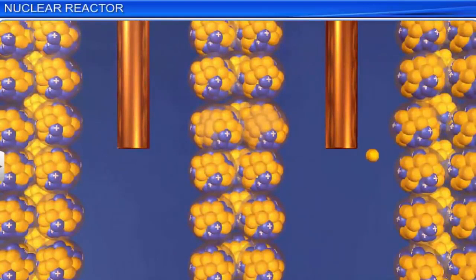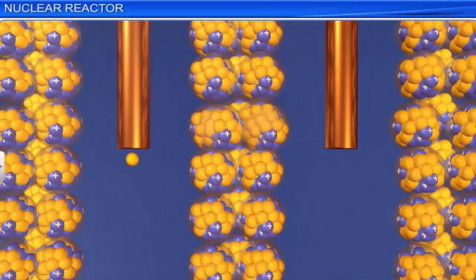This light nuclei material, called the moderator, is provided along with the fissionable material to slow down the neutrons released during fission, and therefore helps to increase the probability of fission of uranium-235 nuclei.